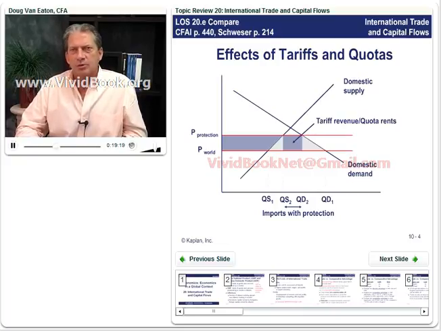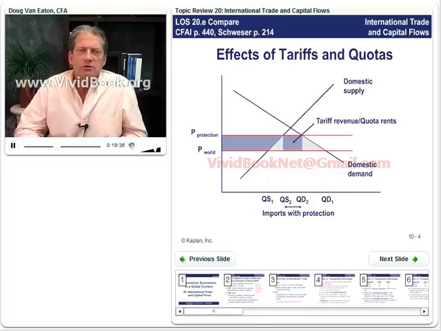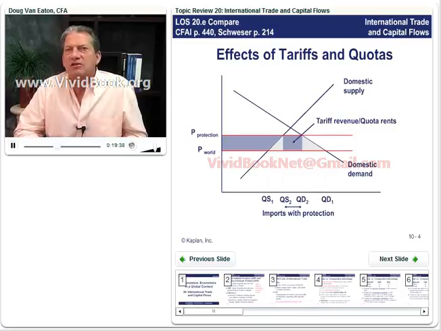Because their opportunity cost of selling somewhere else is that world price. So if because of the quota they can get a higher price in this domestic country, that's the rents to the quota. Now, these rents could be paid in bribes to whoever's allocating these quotas.